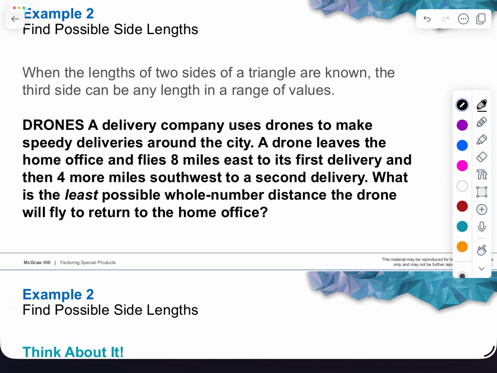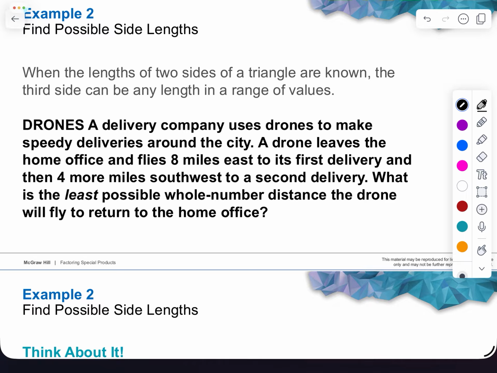Now the second situation here is finding possible side lengths. A delivery company uses drones to make speedy deliveries around the city. A drone leaves the home office and flies 8 miles east to its first delivery, and then 4 more miles southwest to a second delivery. What is the least possible whole number distance the drone will fly to return to the home office?